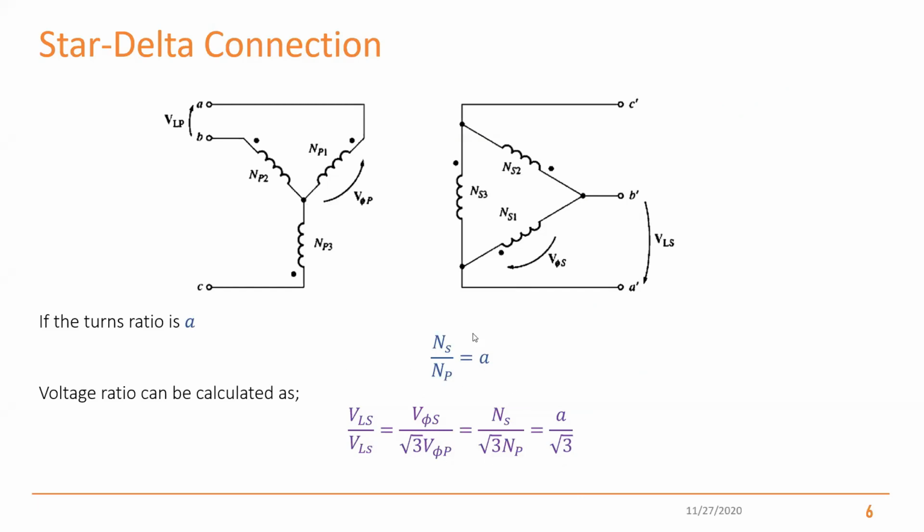That means if you are getting a turns ratio here, what you have to use is the V phase S divided by V phase P, which should be equal to NS divided by NP. Normally the line to line values are given, not the primary phase values. So when you calculate the turns ratio in terms of line voltages, you have to use this kind of equations.